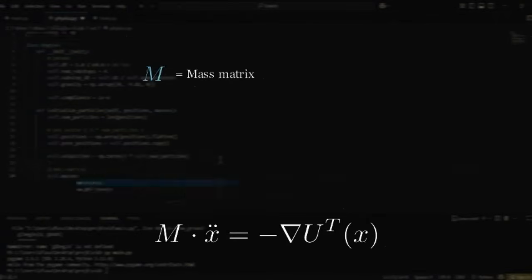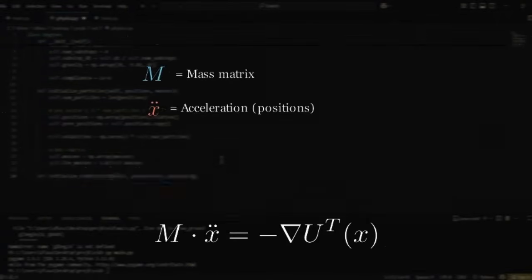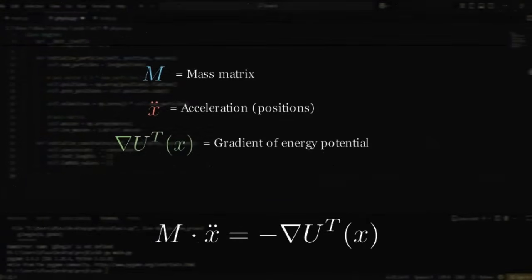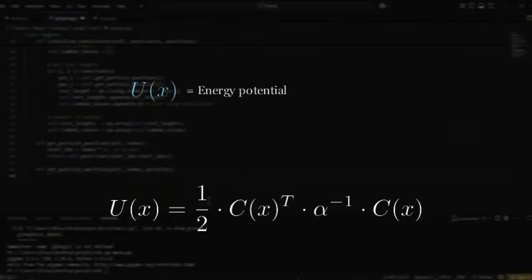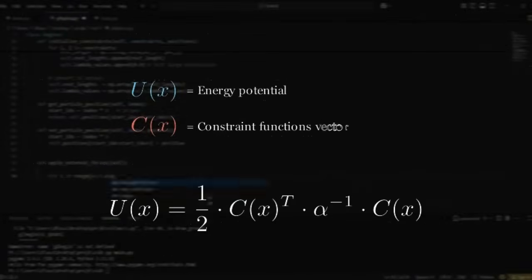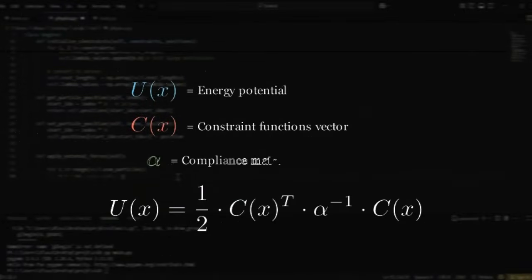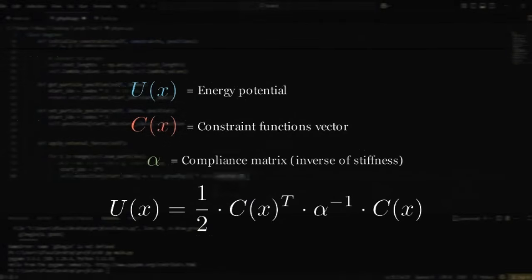Let's begin with Newton's equations of motion, where M is our mass matrix, x represents positions, and U of x is our energy potential. The key insight of XPBD is expressing this energy potential in terms of constraint functions. Here, C of x is our vector of constraint functions, and alpha is our compliance matrix, which is also the inverse of our stiffness.